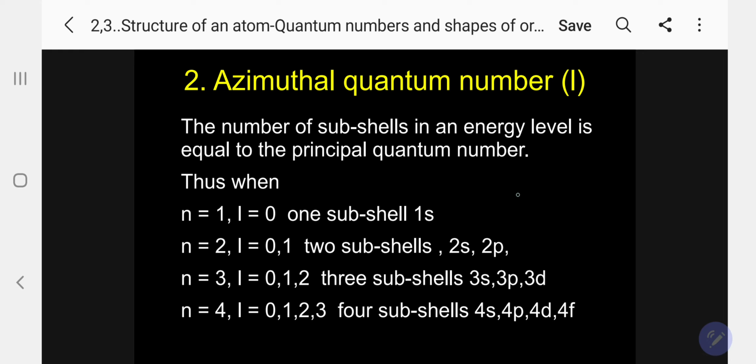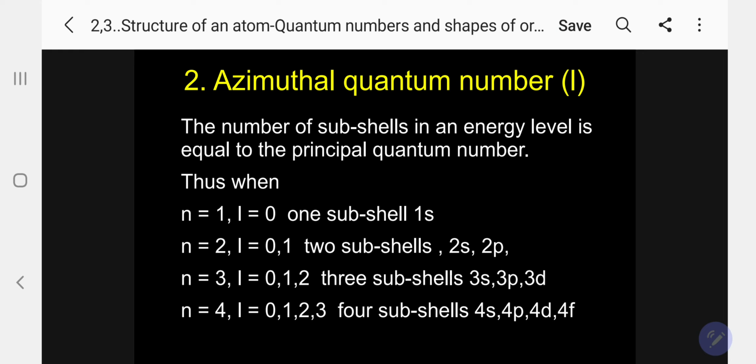Suppose n equal to 1, only one subshell. n equal to 2, I can show 0 and 1: 0 S subshell, 1 P subshell. n equal to 3, 0, 1 and 2: S, P, D. n equal to 4, then 0, 1, 2 and 3. Kindly follow. So this is the way we have to memorize. So the total number of subshells is equal to the principal quantum number n value.